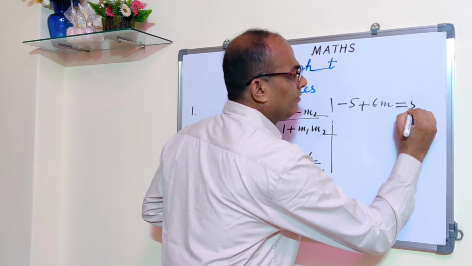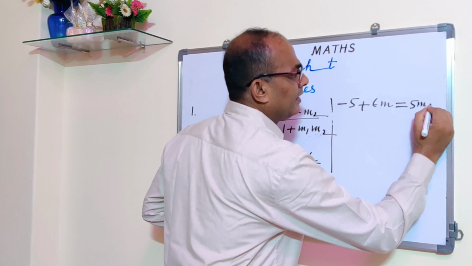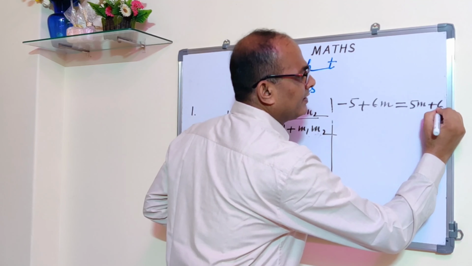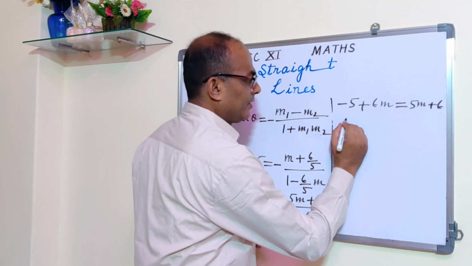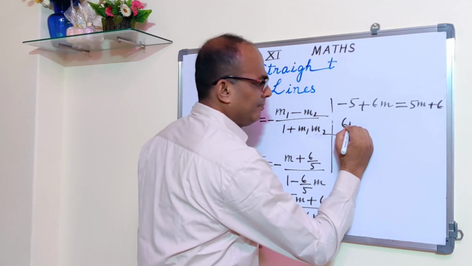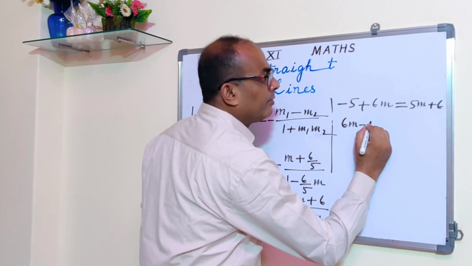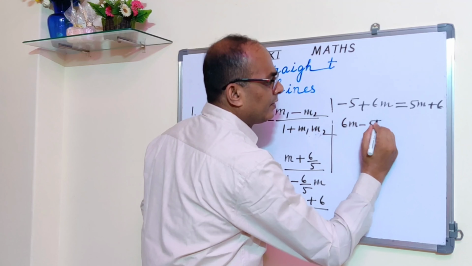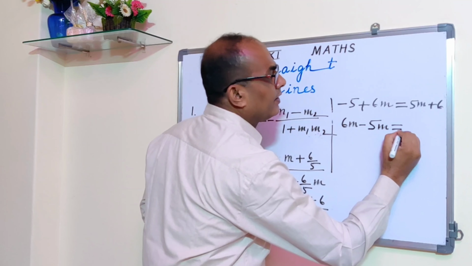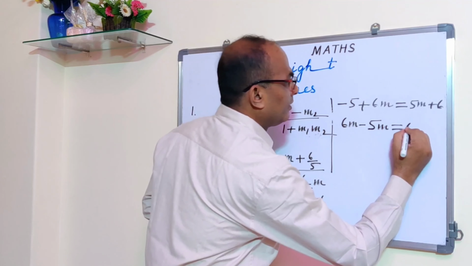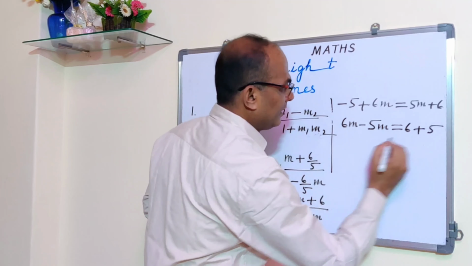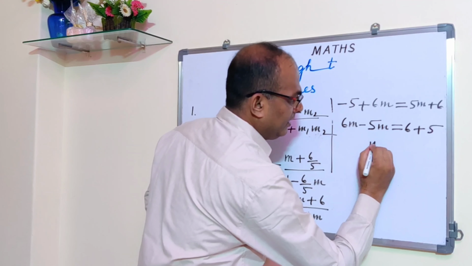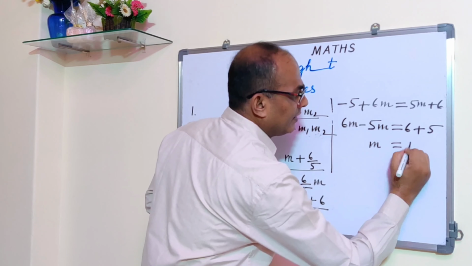Now 6m minus 5m is equal to 6 plus 5. So m is equal to 11.